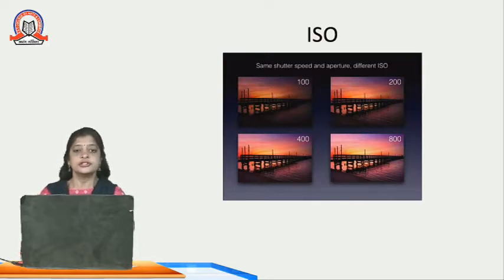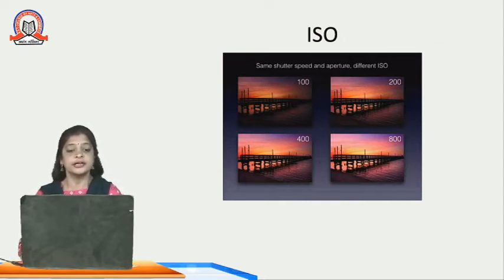From these images, we can study the 100 ISO picture, 200 ISO picture, 400 ISO picture and 800 ISO picture. The picture captured at 100 ISO is a little dark and the picture captured at 800 ISO is a little bright.